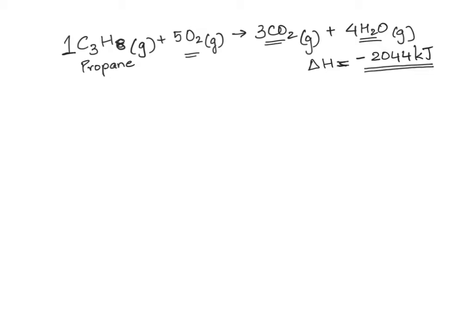You can use this as a conversion factor: 1 mole of C3H8, when it goes through combustion, releases 2044 kilojoules of energy, and you can put a negative to indicate that it is a release. Now, what is the molar mass of C3H8?